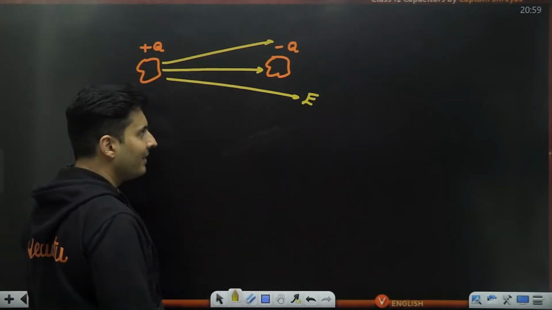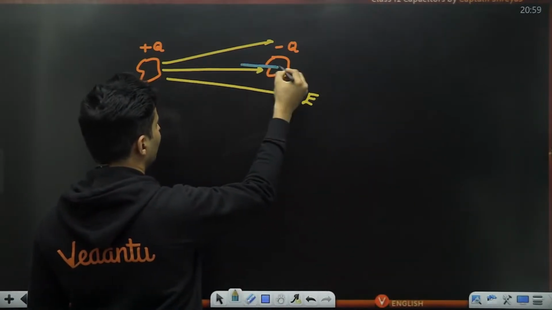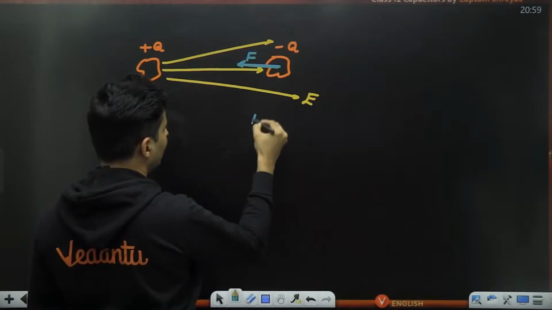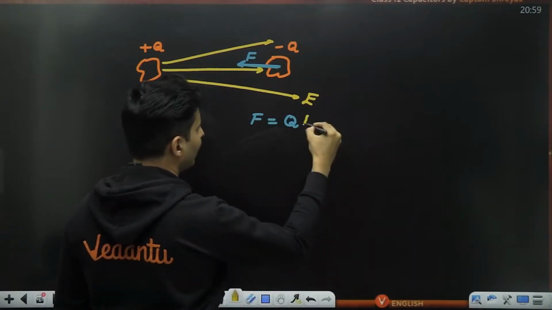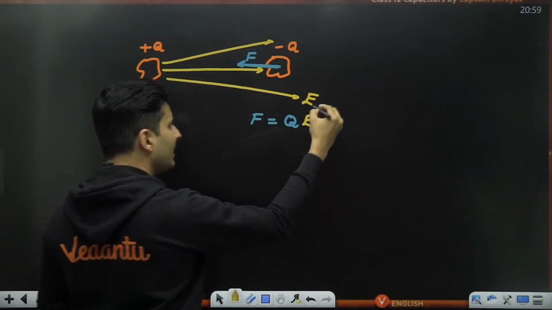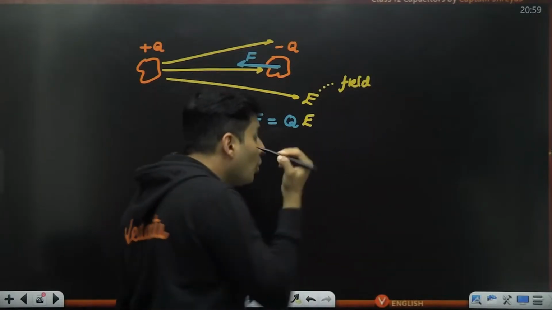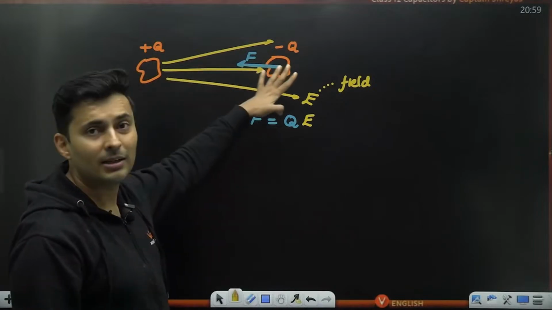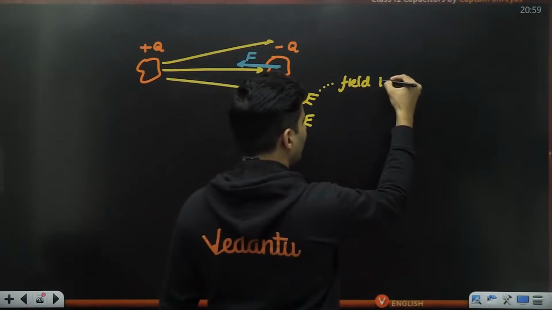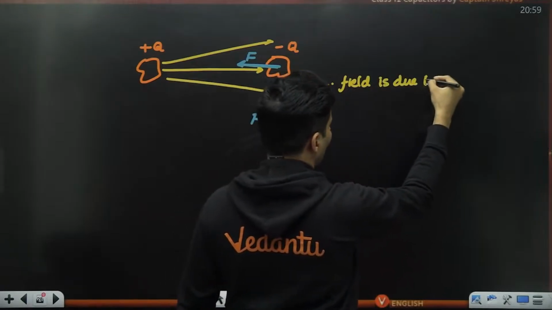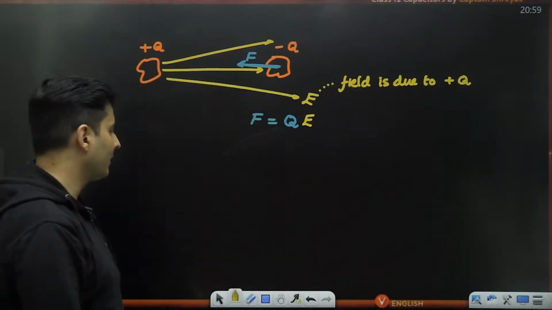Then the force on this negative charge will be the charge multiplied by this particular field. But this field E, this field is because of whom? Positive or negative? This electric field is due to the positive Q charge. It's not the net electric field.